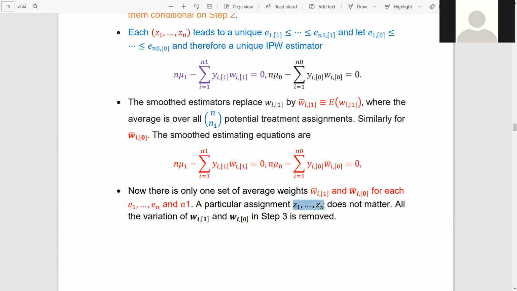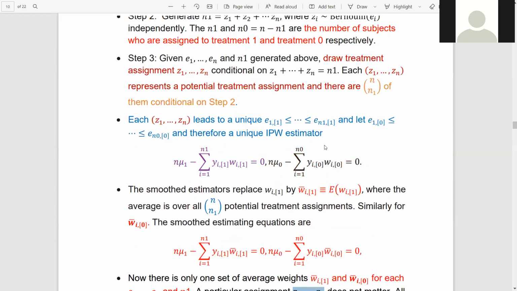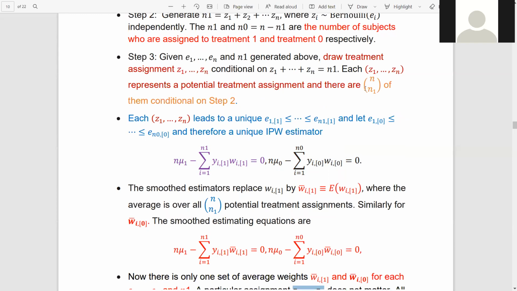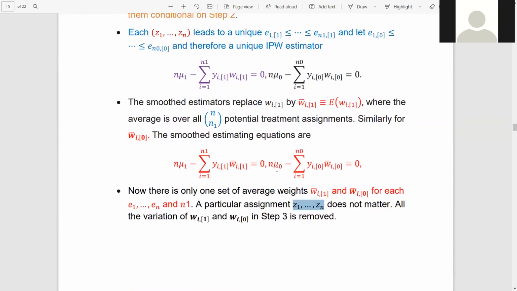A particular assignment of Z1, Z2, and Zn doesn't matter because we're averaging over all these potential assignments. Instead of a unique weight for each treatment assignment, we average over all these potential treatment assignments and get this value.